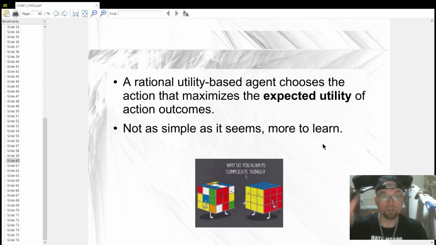Okay, so the current state of the environment that the agent finds itself in, plus an action that it chooses to make, results in an updated state of the environment. So perceive the current state that you're in, and based off of that perception, make an action.